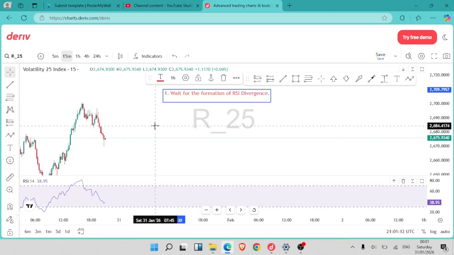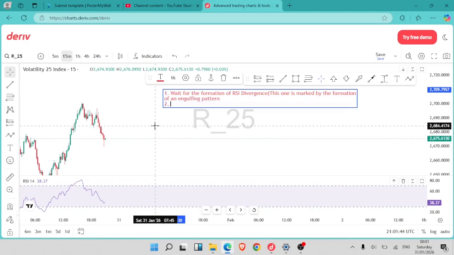And then the second step is, after the formation of RSI divergence, it is marked by the formation of an engulfing pattern.